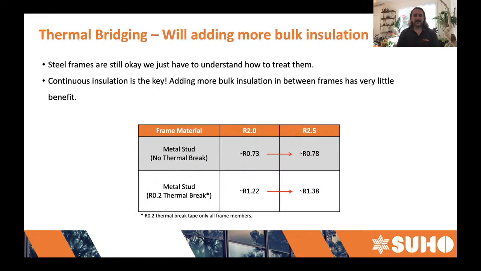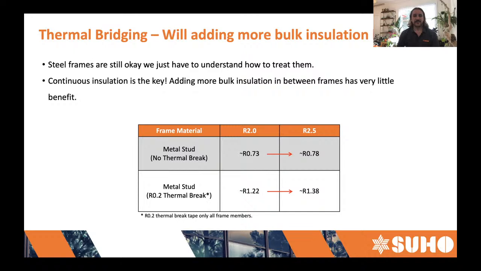One question that we've received a lot in the last few months, since we've taken on 2019 and been assisting our clients work through it, is: can I add more bulk insulation? At the end of the day, one of the key things to know is that steel frames are still okay. We just have to understand how to treat them, and that continuous insulation is key.